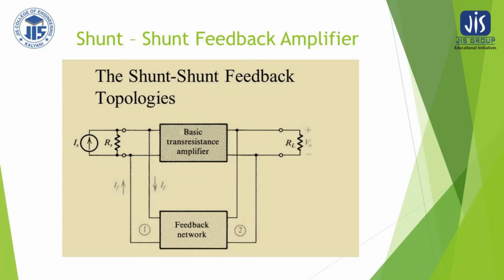So instead of this I input, which is beta V0, you can write it is V0 minus Rm into, instead of input current, you can write minus beta V0. So it is minus beta V0 divided by R0. So this is V0 plus Rm beta V0 divided by R0.